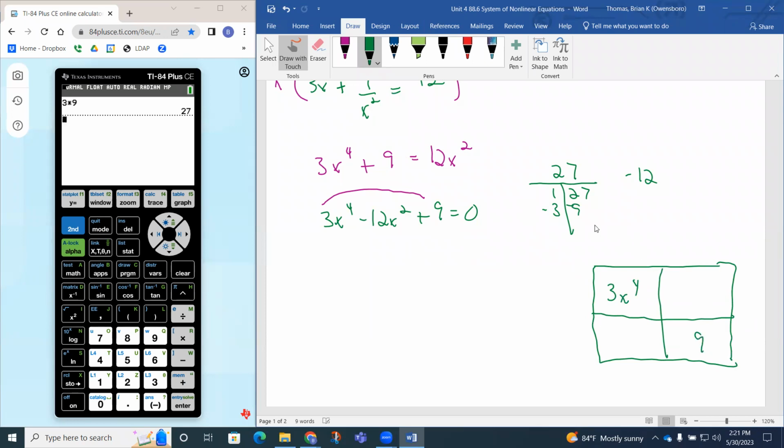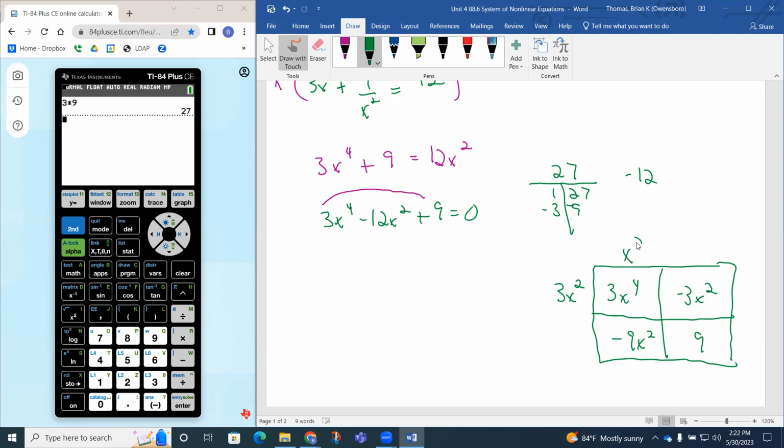Then the -3x squared and the -9x squared are the middle terms. If I factor out the GCF, you're going to see that they both have a 3 and an x squared in common. So 3x squared can come out. What times 3x squared gives me 3x to the fourth?